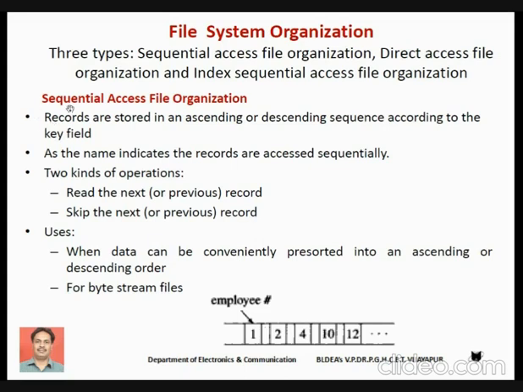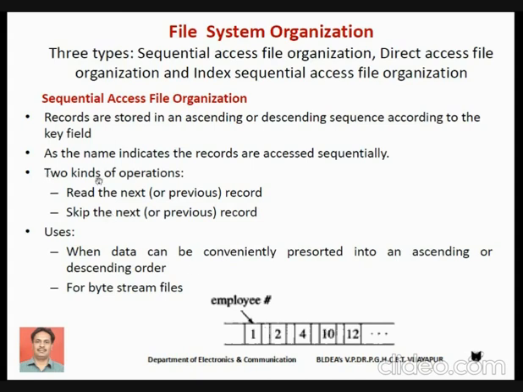Students, remember, in sequential file access organization, the records must be stored either in ascending or descending order based on the key field. As the name indicates, the records can be accessed sequentially. You cannot access any record randomly. You have to move sequentially to access any record.